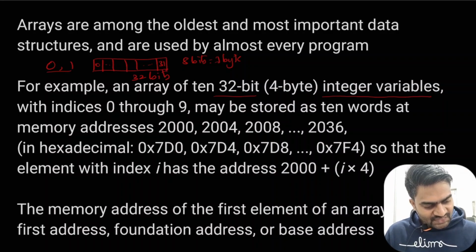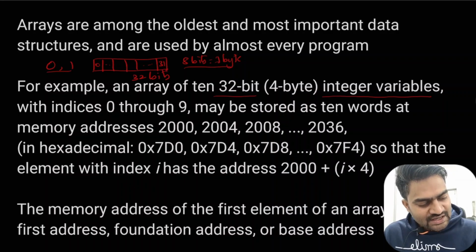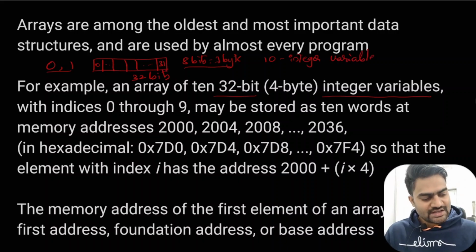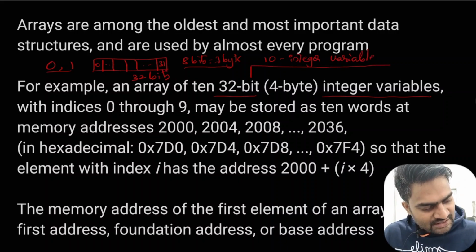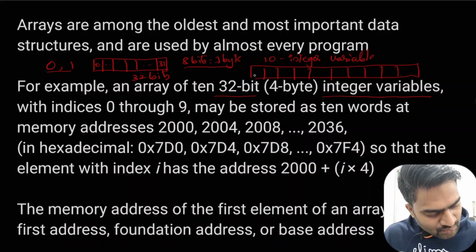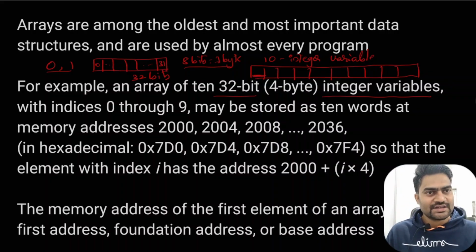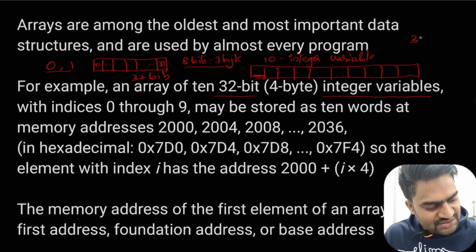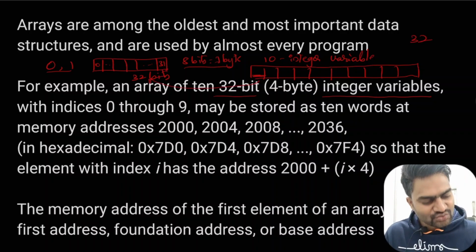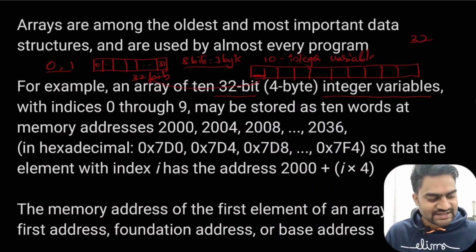Now, what we know is we have 10 integer variables, which means we have created 10 blocks, something like this. Each block is of size 32 bits. Correct, right?